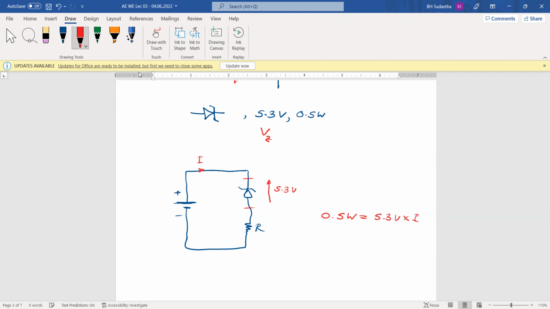You can have this reverse current through a Zener diode, but your limitation is this. The current can be determined as 0.5 watt divided by 5.3 volts.